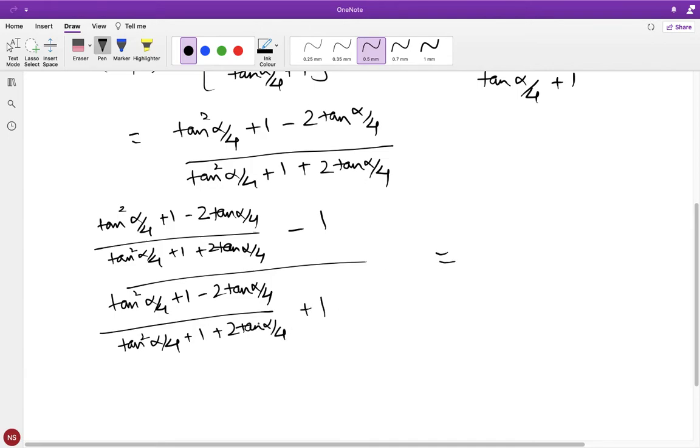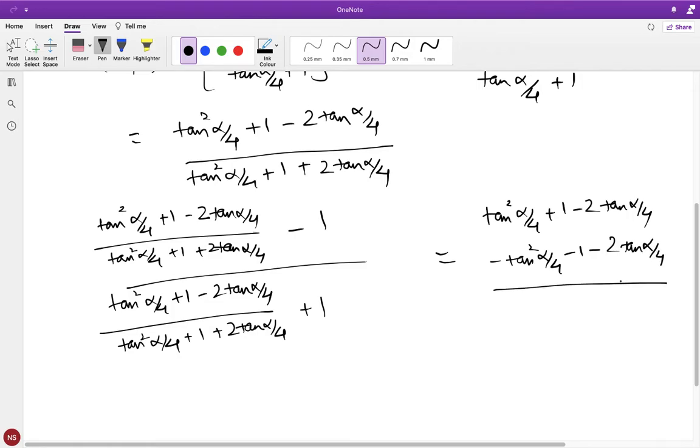So when you take the LCM, these two will get cancelled out and you will be left with this. The minus sign over here, so minus tan²(α/4) − 1 − 2tan(α/4), and plus over here, so tan²(α/4) + 1 − 2tan(α/4), plus tan²(α/4) + 1 + 2tan(α/4).